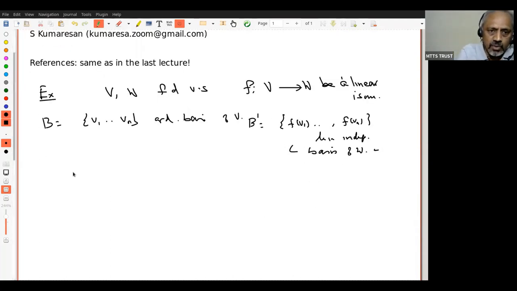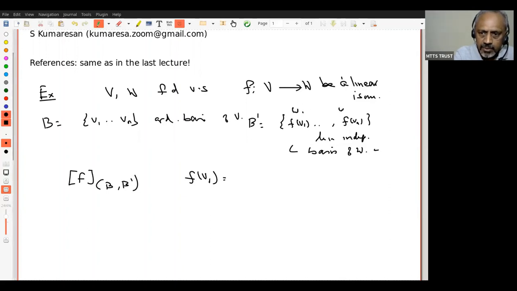Now I want to know what is the matrix representation of F with respect to the bases B and B dash. So what is the first column? The first column of this matrix is: look at F of V1 and express it in terms of, call it W1 to Wn, as a linear combination of these basis vectors from B dash.